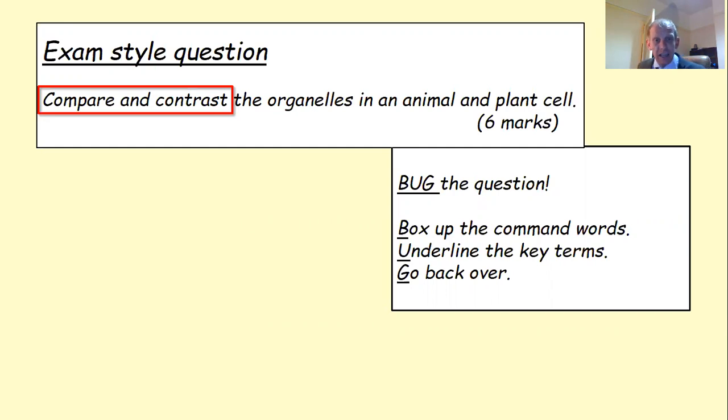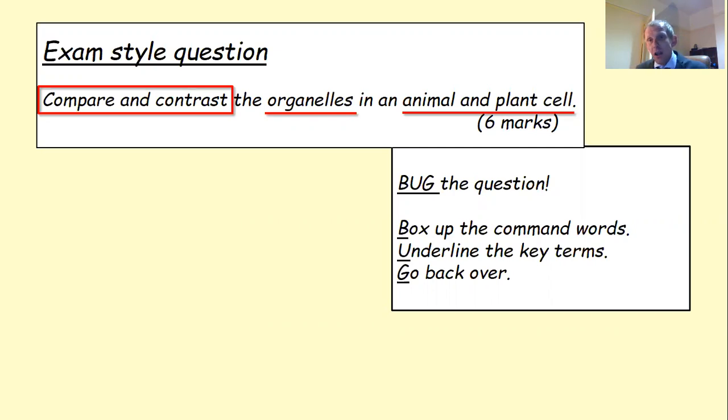And then underlining the key terms, well, organelle and animal and plant cell. They're the two key terms that we need to be able to answer the question. And then constantly, whilst answering that question, I would like you to go back to the question, review the question and check that what you're writing relates to it.